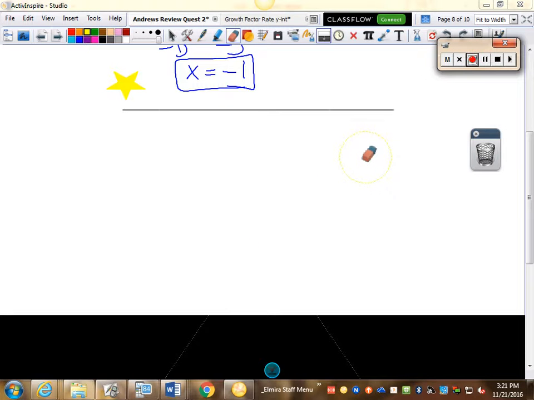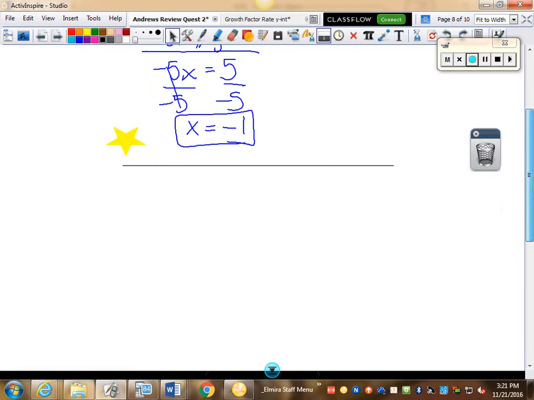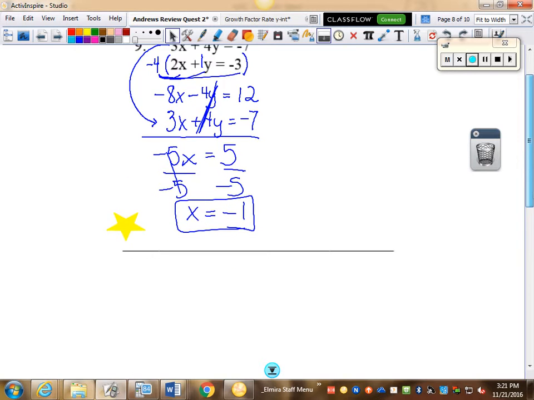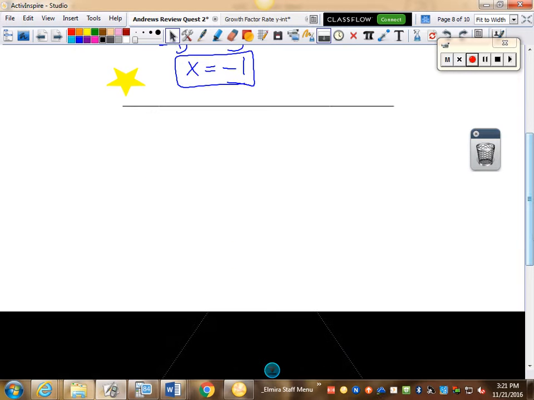Okay, now that we have x equals negative 1, just like we've been doing, we're going to sub in. So 3x plus 4y equals negative 7. But instead of x, we're going to put negative 1. Negative 3 plus 4y.